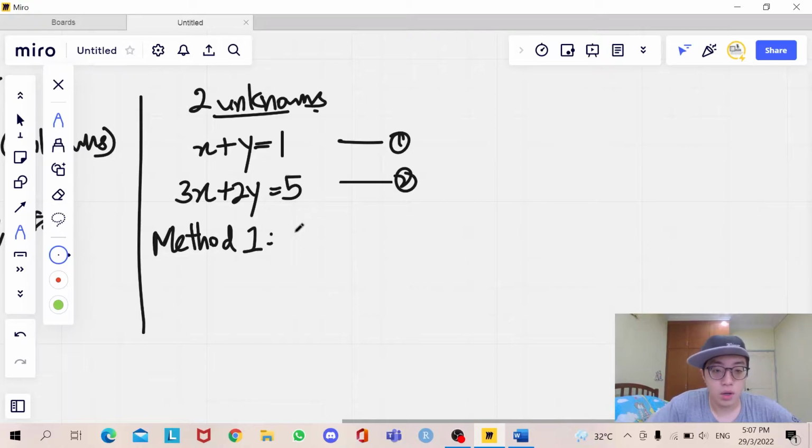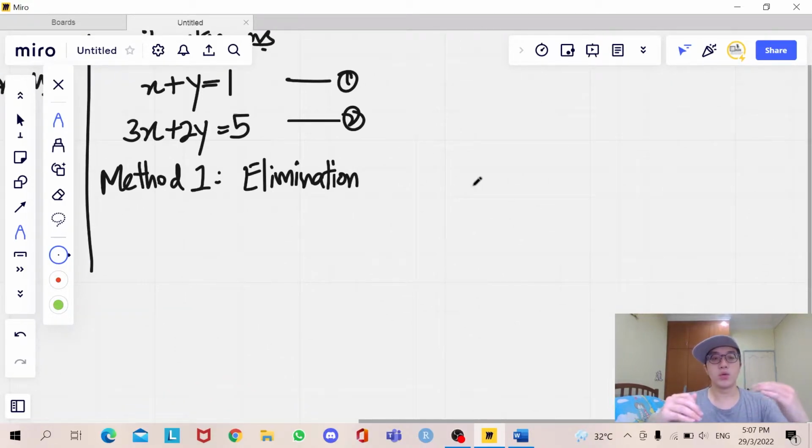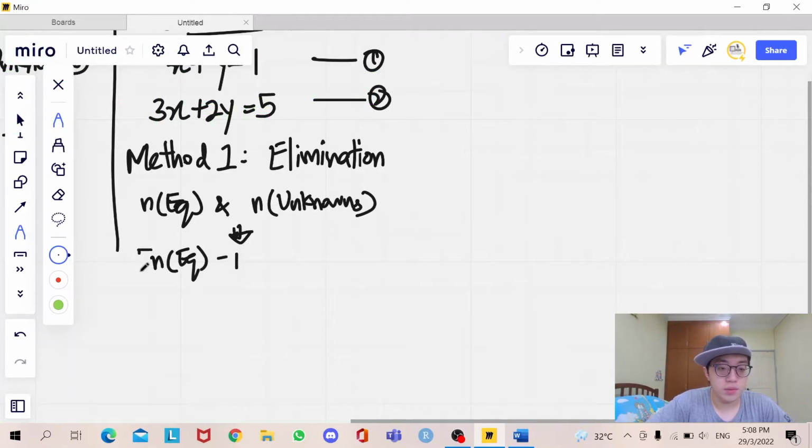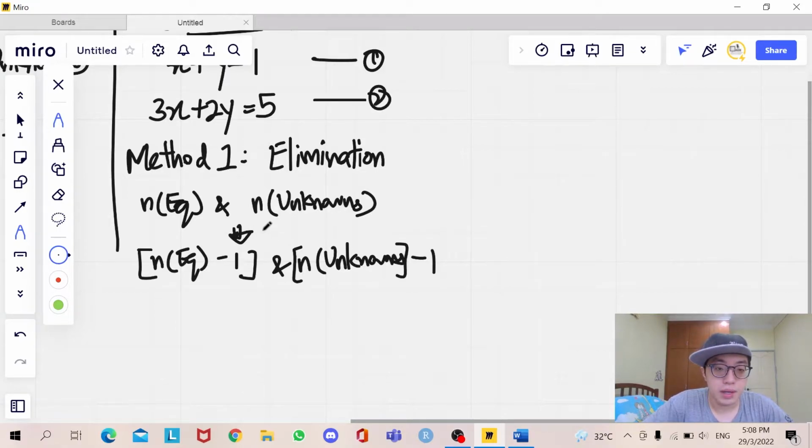Method number 1, we call it the elimination method. What do you mean by elimination method? From the number of equations and the number of unknowns, we will reduce it to the number of equations minus 1 and the number of unknowns minus 1, by elimination.